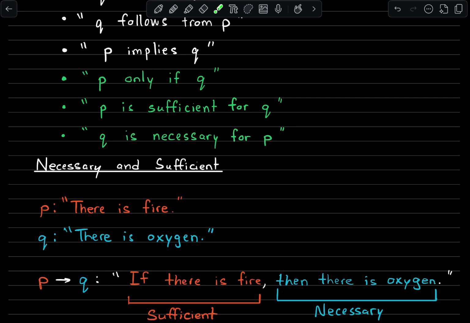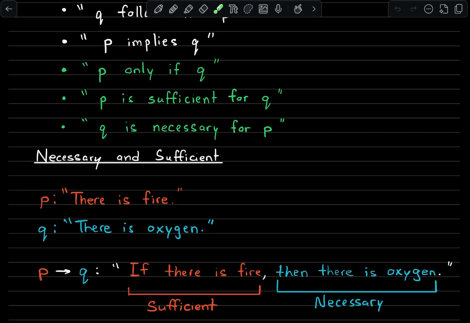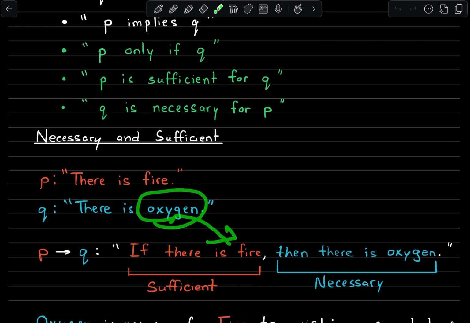Now, what we're saying here, P is the sufficient case or condition for Q. So fire is sufficient for oxygen, and Q is necessary for P.